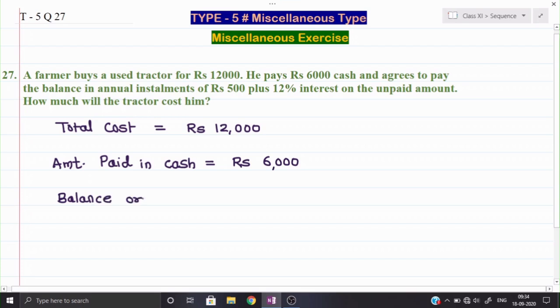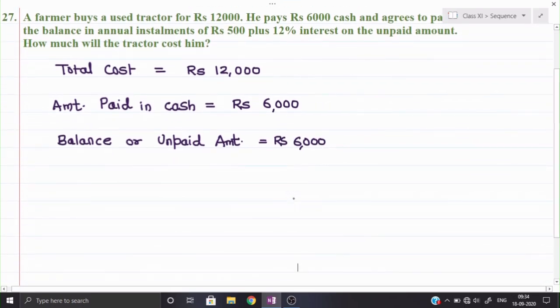Balance or unpaid amount means the amount need to be paid. So balance or unpaid amount will be equal to, here remain 6,000 rupees, that we can see, because from 12,000 subtract the amount he has paid. So remaining is here 6,000 rupees, right?